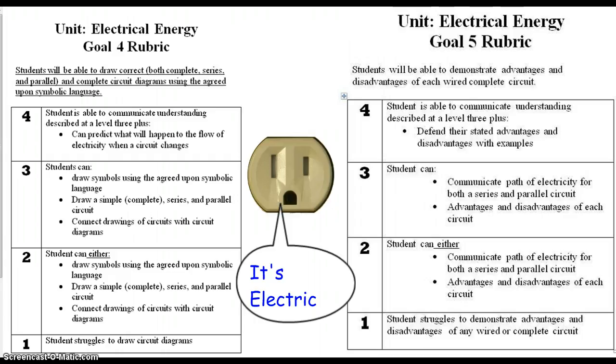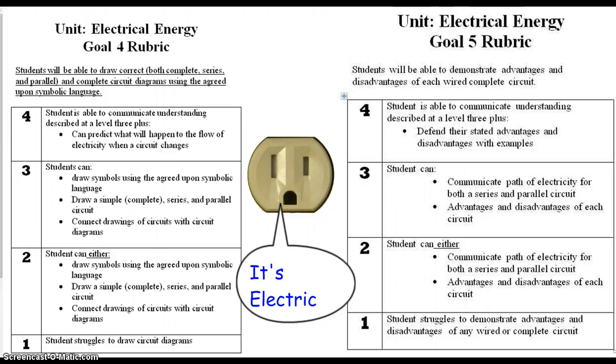Alright, so we're combining two goals here. We're going to combine goal 4 and goal 5. In goal 4, it is all about drawing circuits and being able to use the correct symbols and being able to illustrate a series, a parallel, and a simple circuit using the symbols.